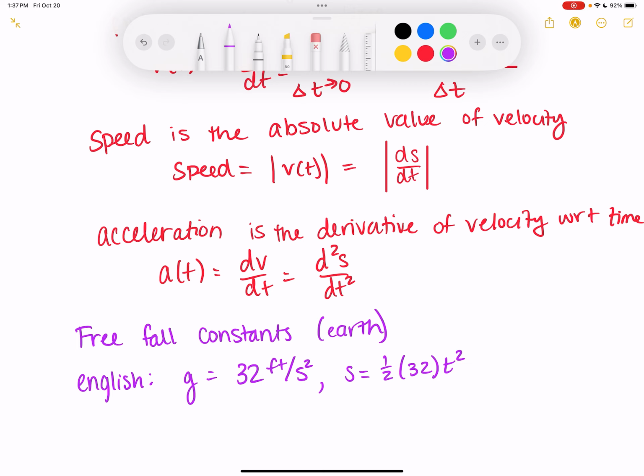So this is the position function that gets me to the acceleration over here, just so you have it for reference. And this is equal to 16 t squared, assuming that S, which is position, is in feet.